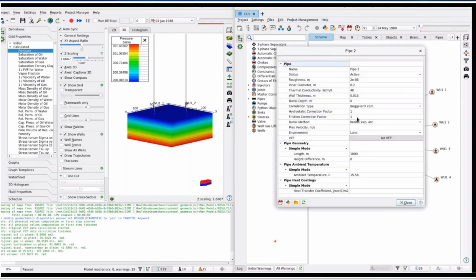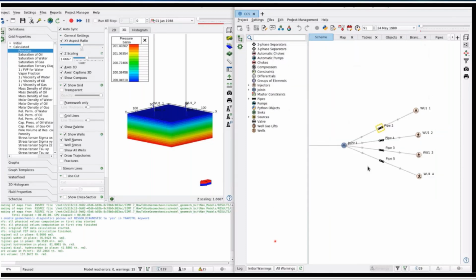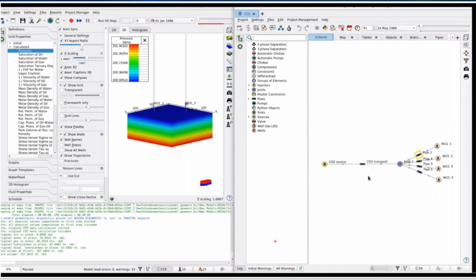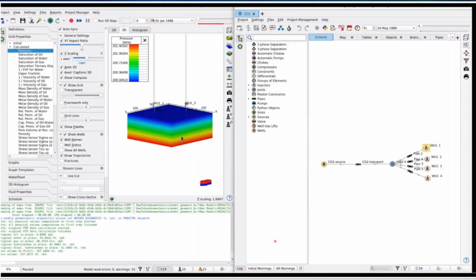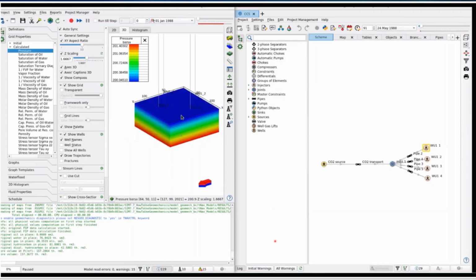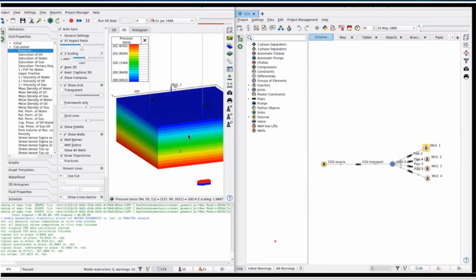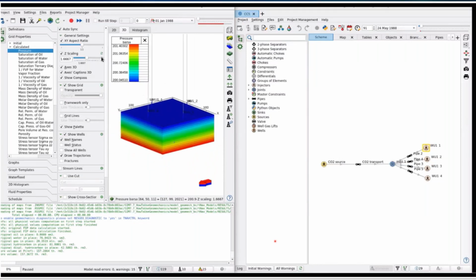We can specify boundary conditions such as pressure or rates, depending on the field or project. We can also add boosting. We can specify compressor performance if we need, to add additional pressure drop at the surface level. And all these projects are connected with the subsurface model.